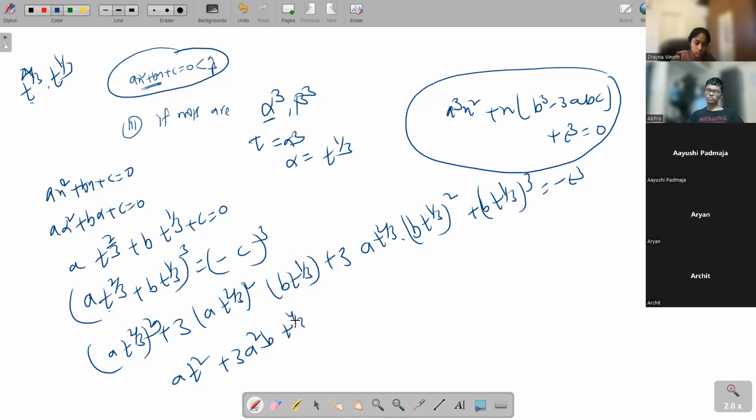Let it be 4 by 3 into t raised to 1 by 3. Like this only. 3ab square t raised to 2 by 3, and here b cube t, that is equal to minus c cube.